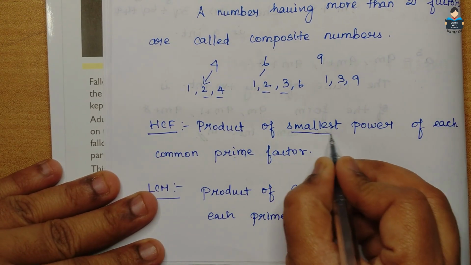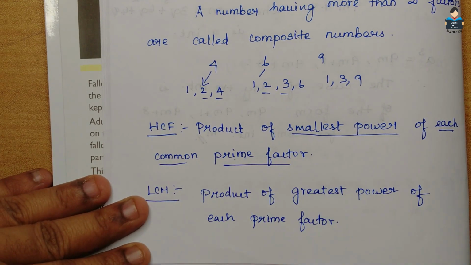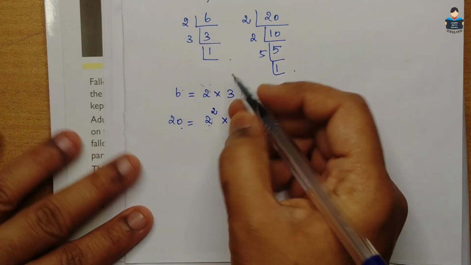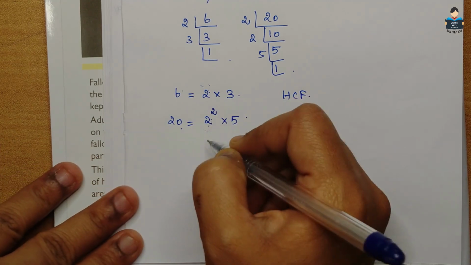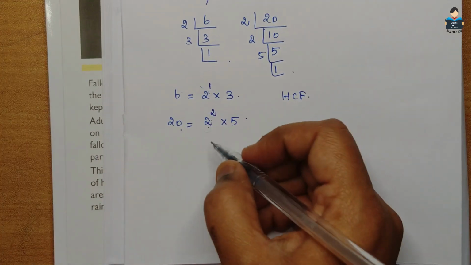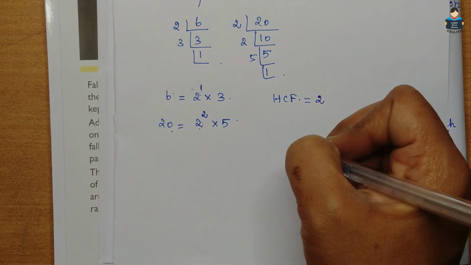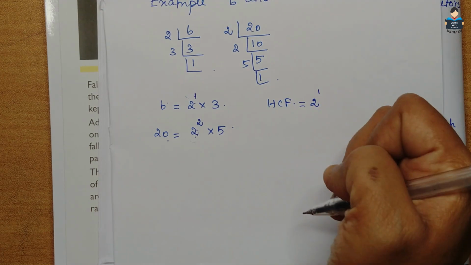The common factor is 2 and we have 2 to the power 1 and 2 to the power 2. So we will take the HCF as 2 to the power 1.